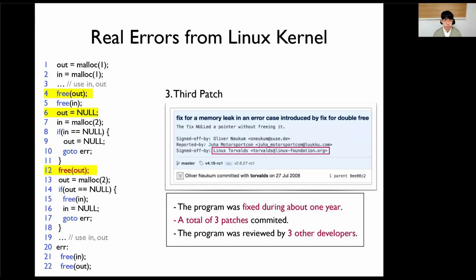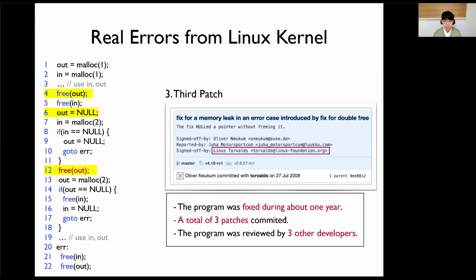To fix this memory leak, the original developer moved free of out at line 12 back to its original place at line 4. Also, the developer nullified the buffer out at line 6 to prevent the imaginary double free. This resulting code is error-free, but it became even more redundant than the first patch.